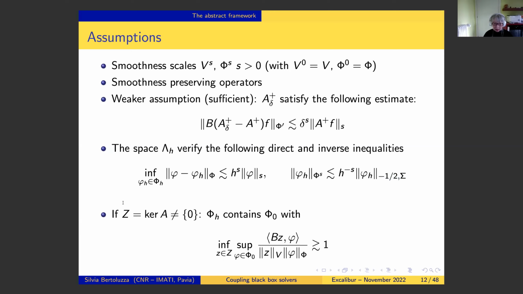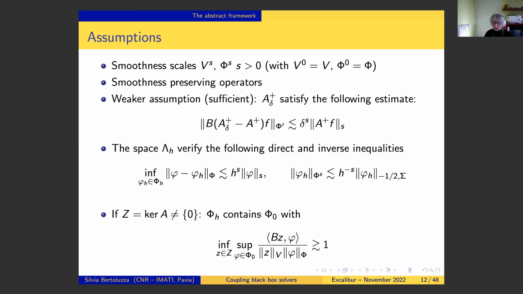And then if I am in the framework where A is not invertible, but has a non-zero kernel, I need to be able to control the kernel part of my Steklov-Poincare saddle point problem with the elements of the discrete space phi h.